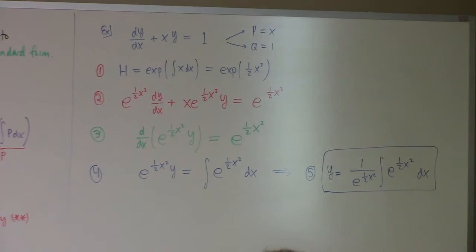Why didn't I add a constant here? Can anybody tell me why you don't need to add a constant in this calculation? Why it wouldn't change anything? Well, it would still appear. If there was plus a constant here, the dh dx would still have an e to the constant in it. Look at what we do in the last step. Eventually, we solve for y, right?